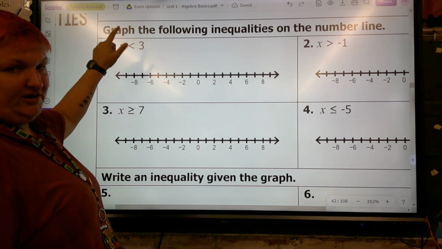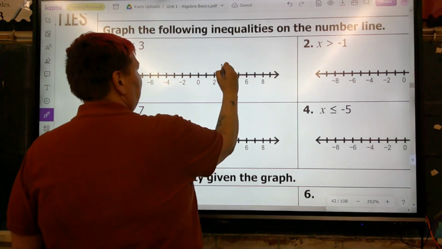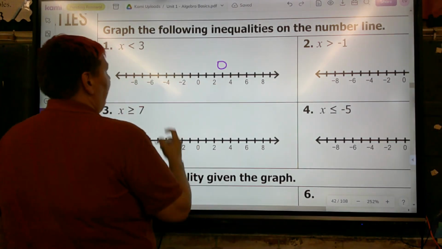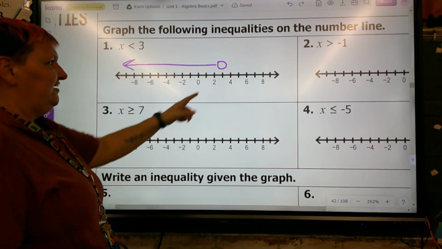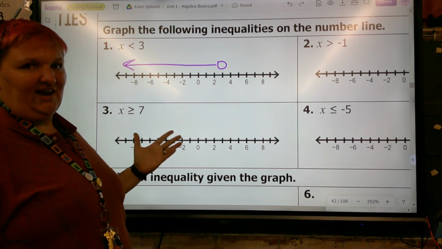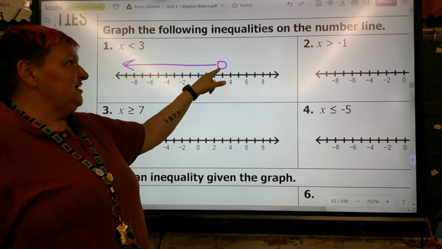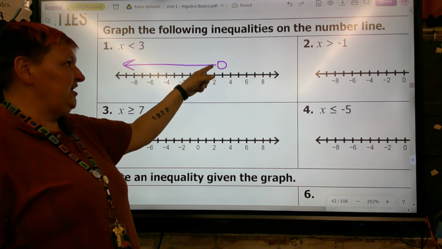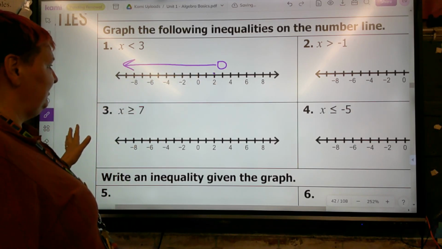It's less than but not equal to, so we're using an open circle, and because it's less than, we're going to point that it's less than 3. We're telling someone who looks at this that X is something less than 3. It's not 3, but it's less than 3.